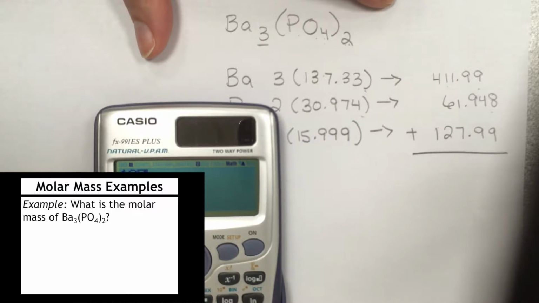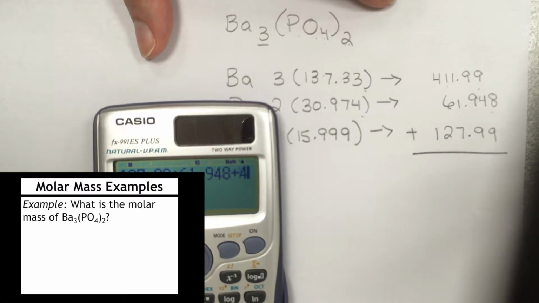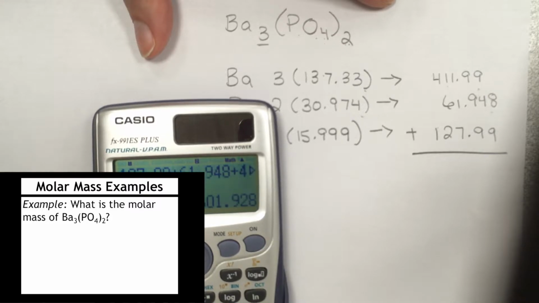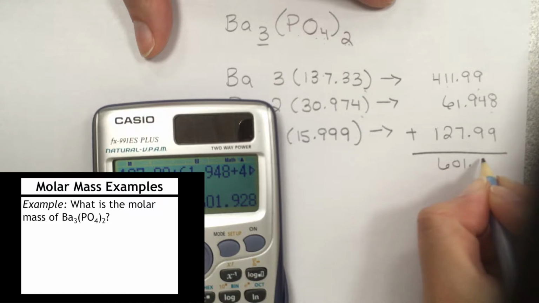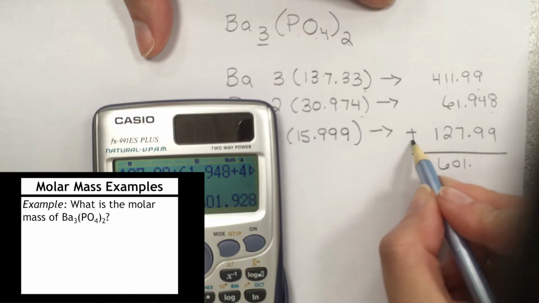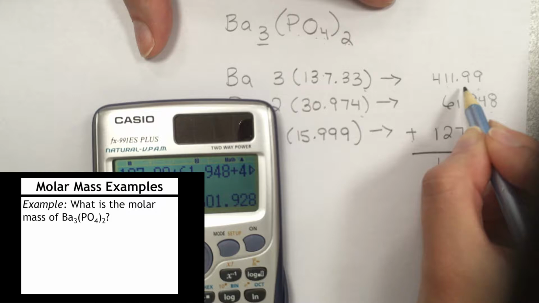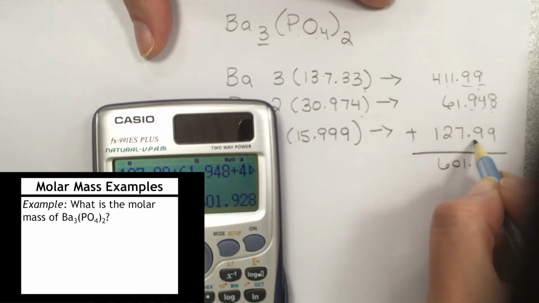So 127.99 plus 61.948 plus 411.99. That gives us 601 point, we're adding, so we need to take into consideration digits past the decimal.